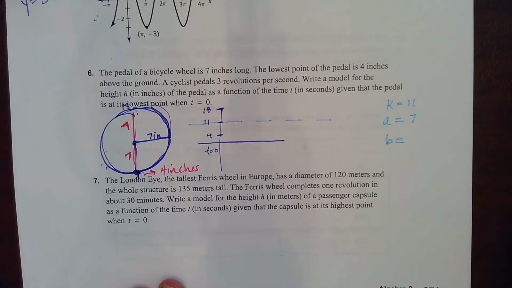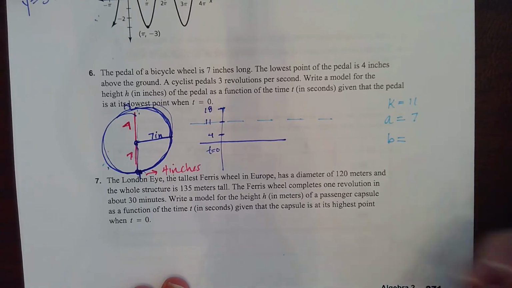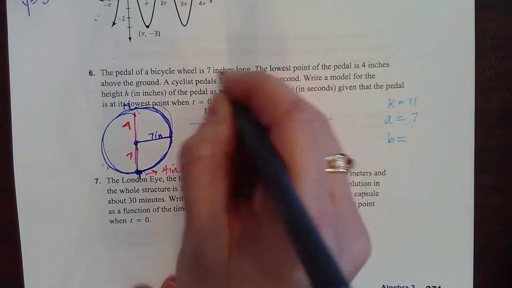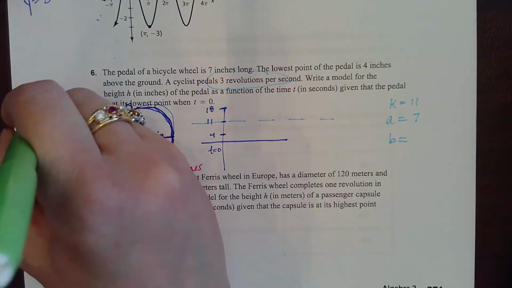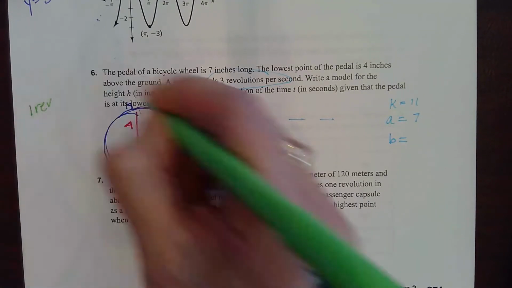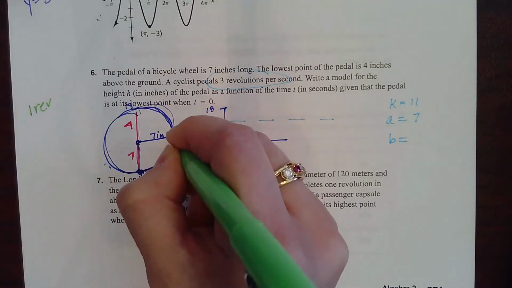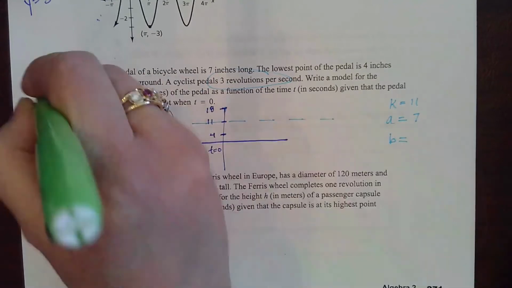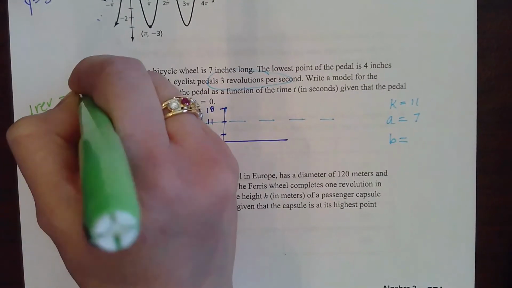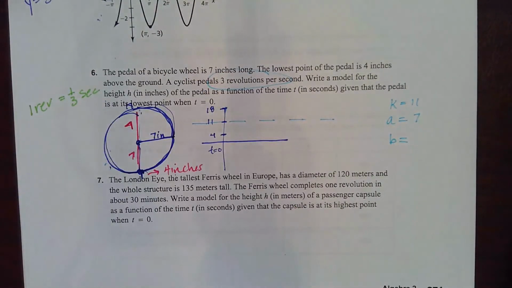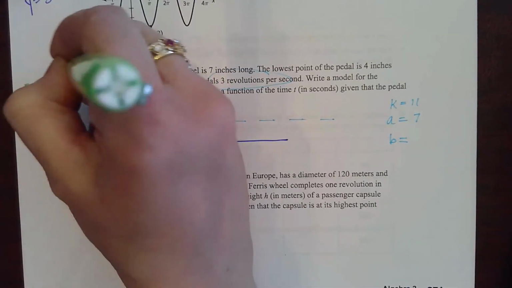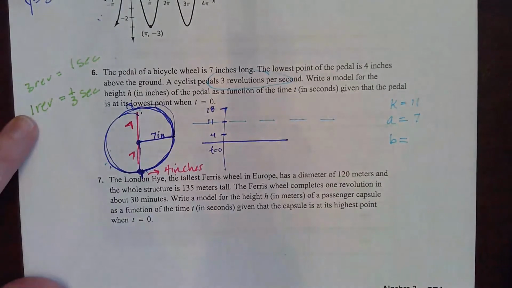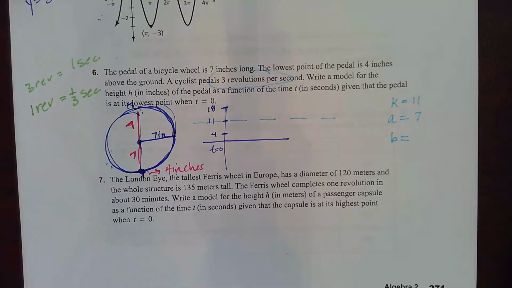All right, so the cyclist pedals 3 revolutions per second. That's kind of the key point here, 3 revolutions per second. So if I'm going 3 revolutions per second, 1 revolution would have to be 1/3 of a second. Let me say that again. If 3 revolutions equals 1 second, then 1 revolution has to equal 1/3 of a second.